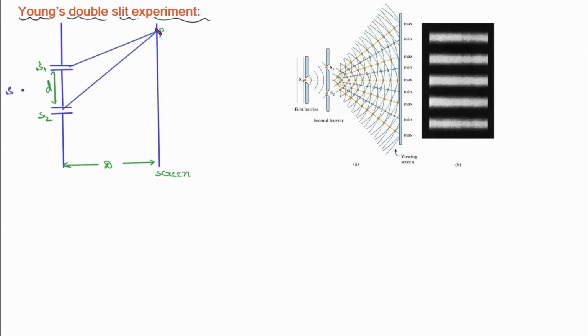Everywhere the waves interfere, but for the derivation I am considering this particular point where superposition is taking place. As a result, here we have a band, either a dark band or a bright band.